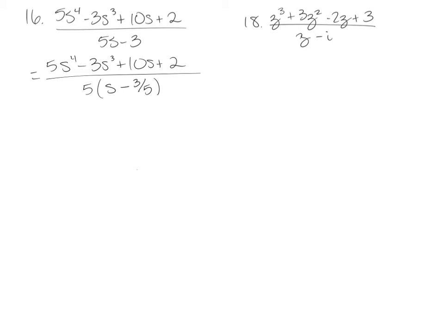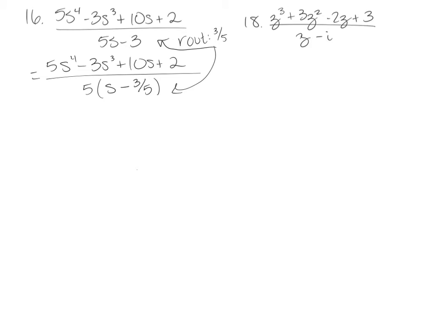Now, what we're going to do though, we want this to look as close to the original as possible. And the root of the denominator in 16 is 3/5. Can we agree to that? So since the root is 3/5, the root did not change from the second step and the first step. They're exactly the same.